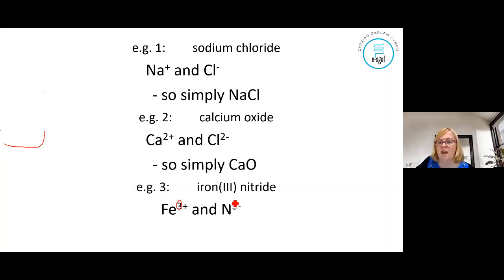So the fact that there's a 3 there and a 3 there does not mean you need 3 of each. You still only need 1 of each, and then that should be fine. So you have Fe, because that 3 charge on the ion being positive will be cancelled out by a single nitrite, which has got a negative charge of 3 as well.